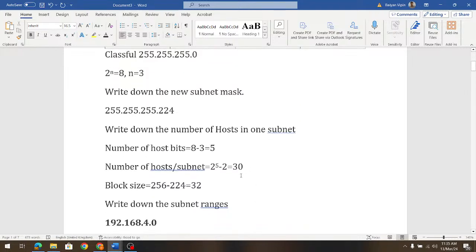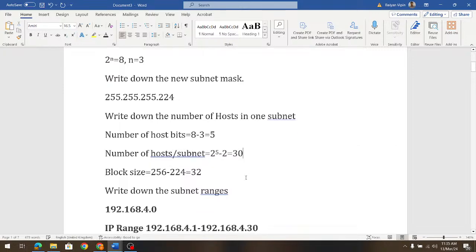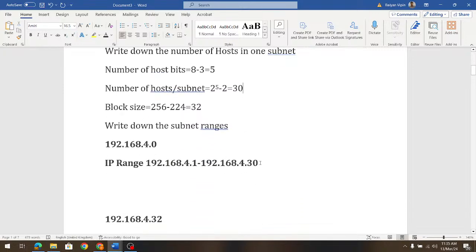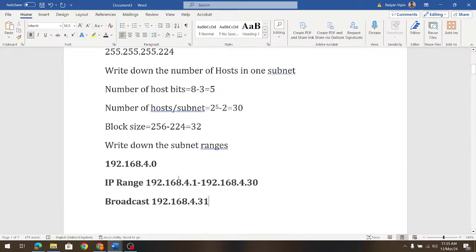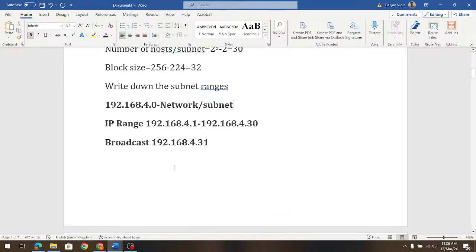How many hosts per subnet are possible? 30. So it's from 1 to 30. And the corresponding broadcast is 31. So you see that there are 32 addresses in the range, but the first one we use for the network or subnet, and the last we use for the broadcast.